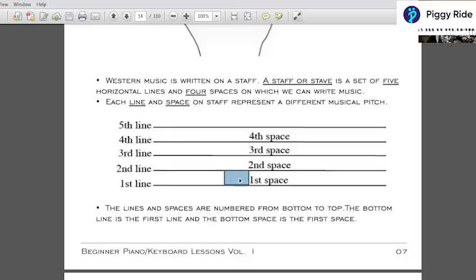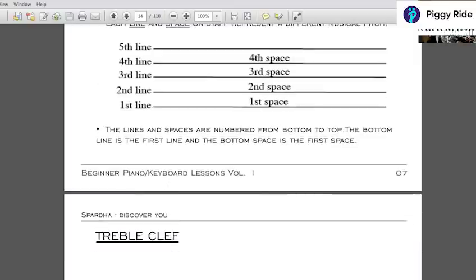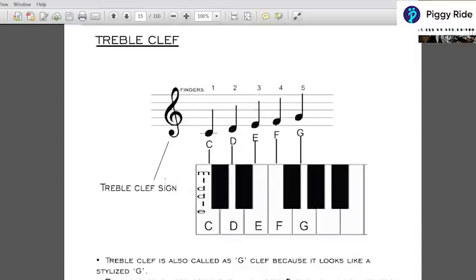So a musical note can be only on a line or on a space. We use only lines and spaces, not any other place. I will show you. This is the note. If the note is on a space, it will sit properly in the gap and will not cross any line.